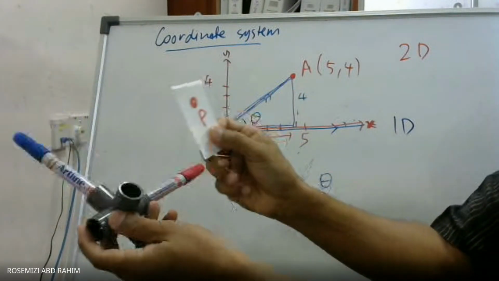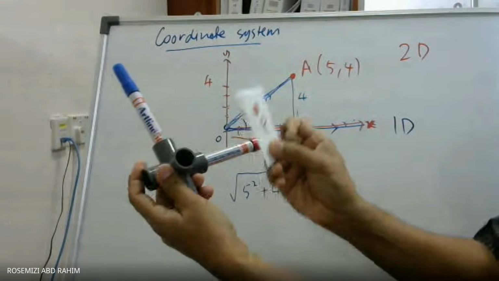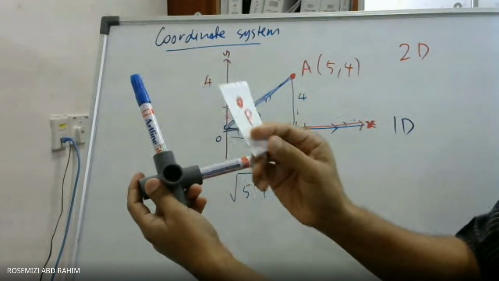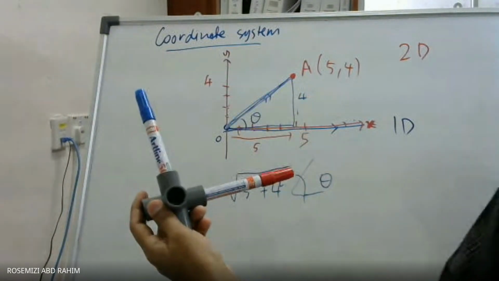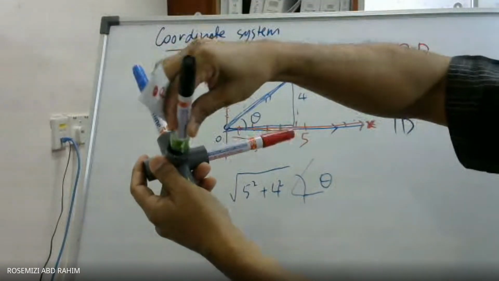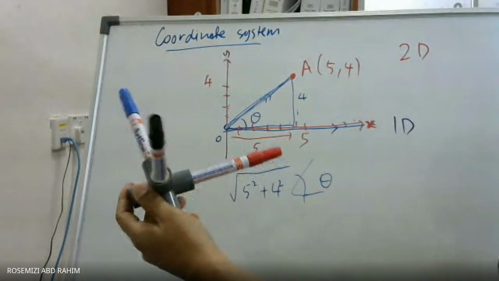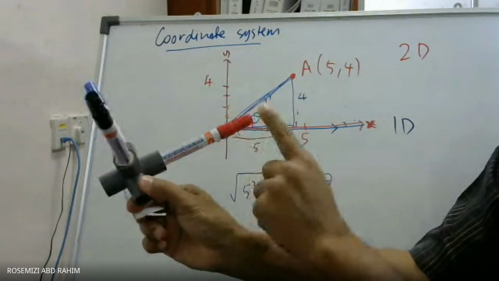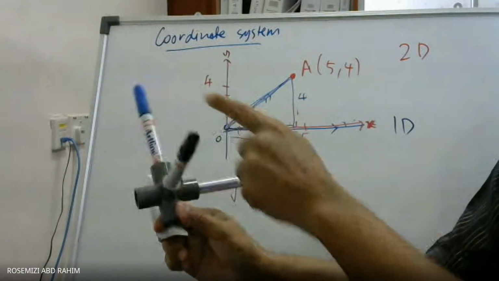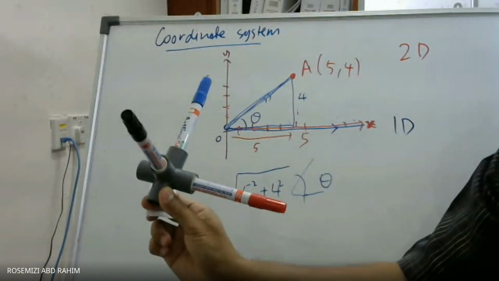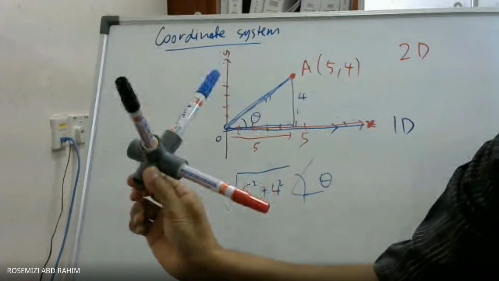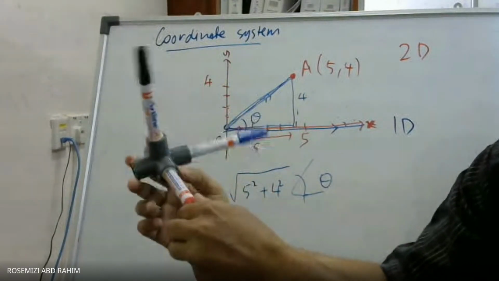So we have to introduce one more axis. We call z axis. This one we call x axis, y axis, and z axis. So this is in 3D system. 3D, yeah?